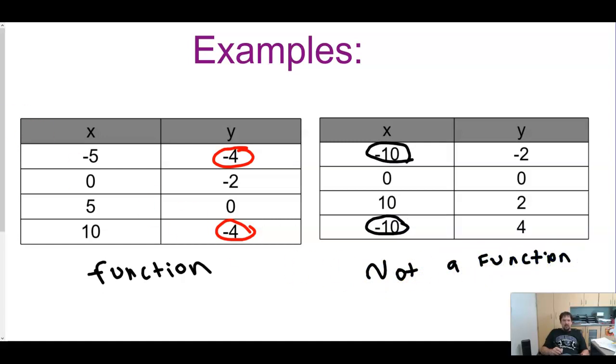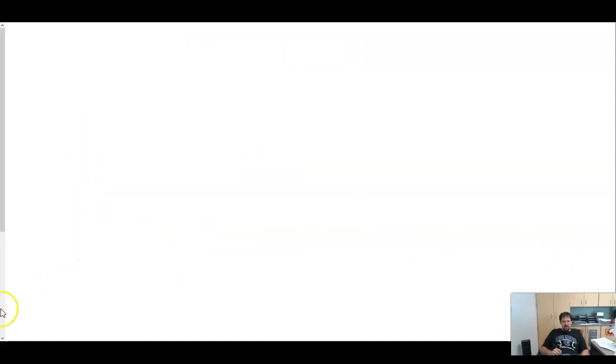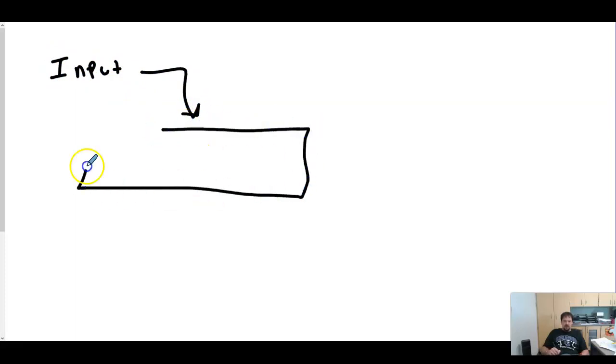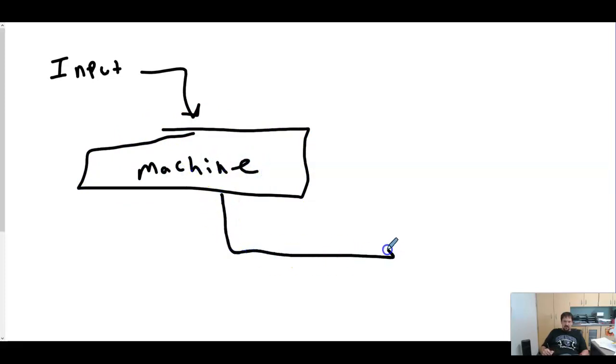Okay, one way to think about functions is you have an input. You're going to be putting something into a function. Right now, let's just say that function is some sort of machine. Okay, and then after it does something in that machine, it's going to spit out an output. But if this machine ever gets two inputs or two x values in it, then the machine breaks down and it doesn't work. It's not a function anymore.